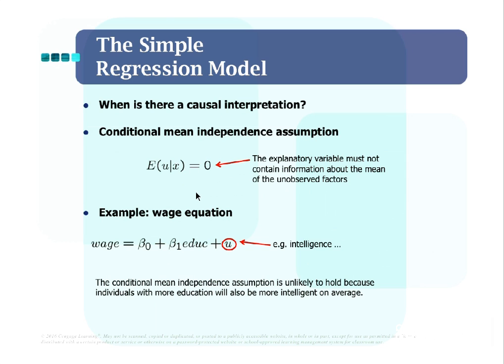This expression basically tells you that no matter how x is changing, it is not affecting the expectation of this u. U is a random variable.